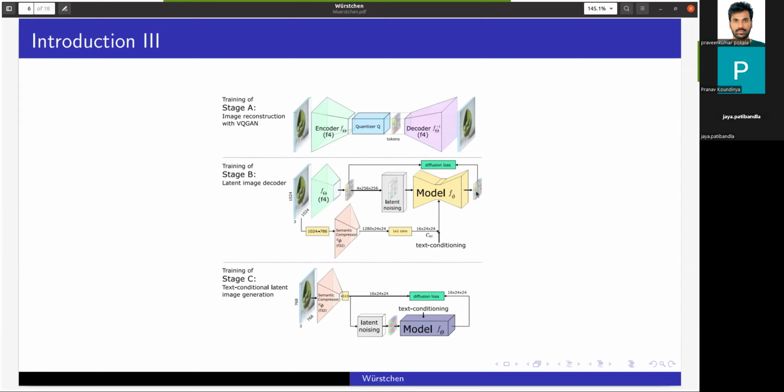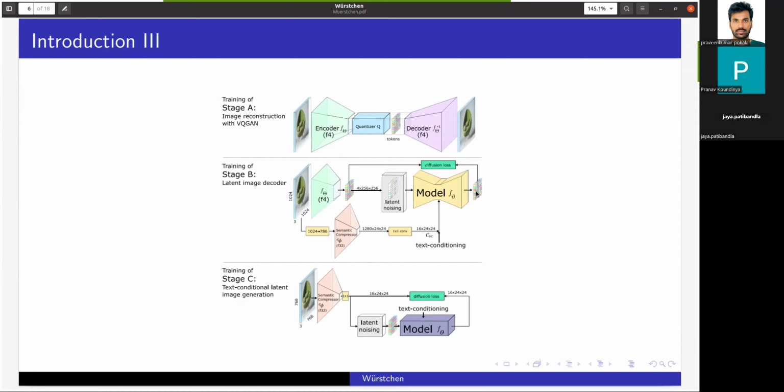Right. Because when we were training stage B, there was no such thing as stage C. As a result, we shall use the semantic compressor in order to guide the diffusion process. Now, since the model is trained on these kinds of semantic latent representations, we shall need another model which can generate this during inference time. So that is where the stage C model comes into play.